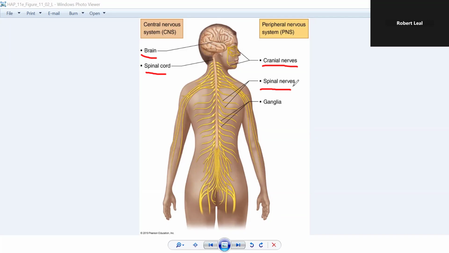And you can also communicate to exocrine glands like sweat glands and salivary glands. And then, also part of the peripheral nervous system, should you find cell bodies of neurons located outside the spinal cord, a collection of those cell bodies is called ganglia.